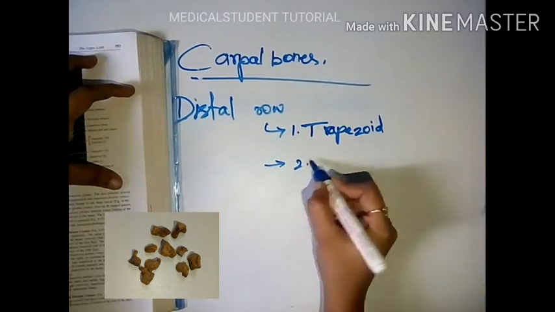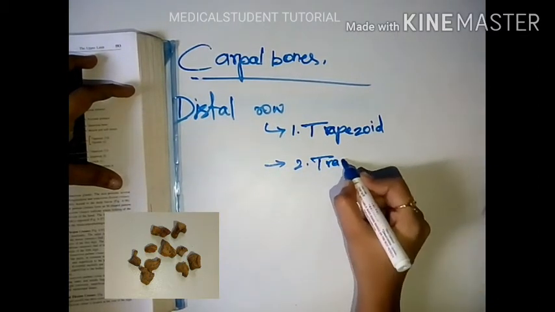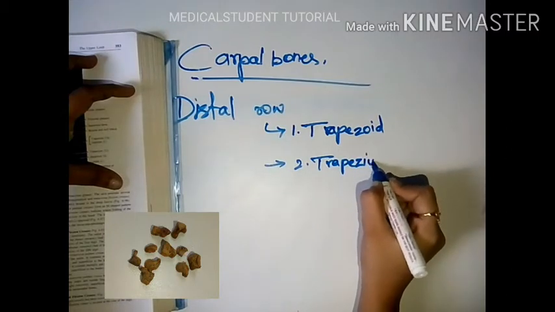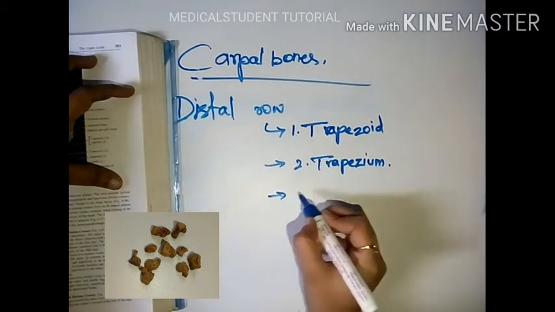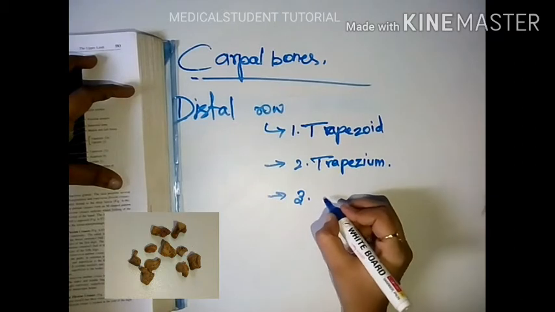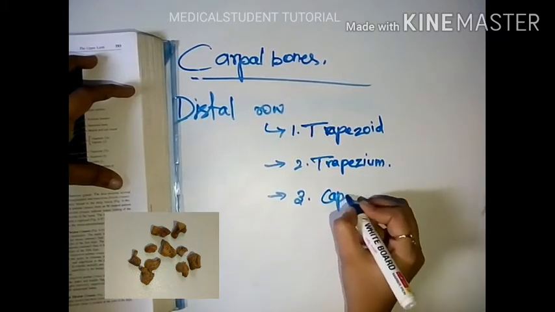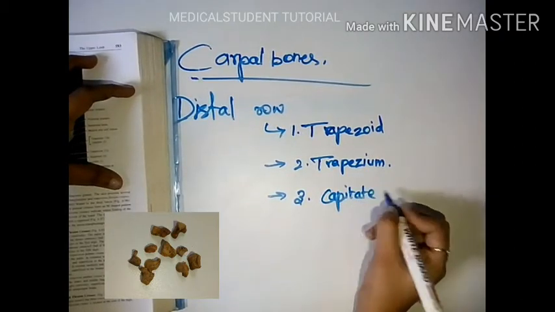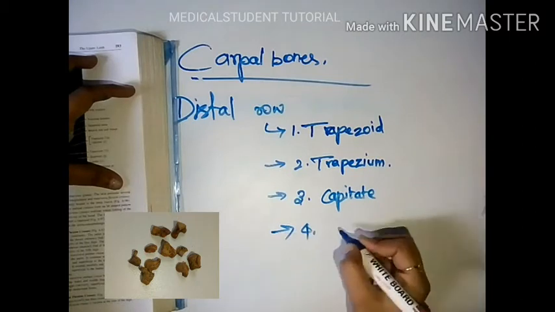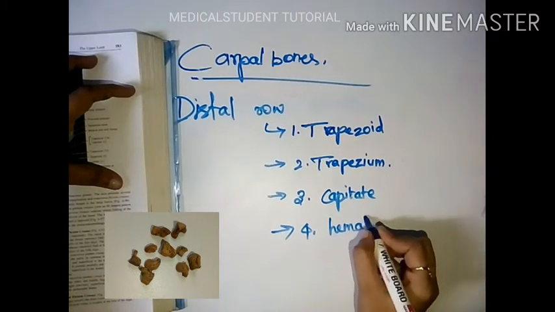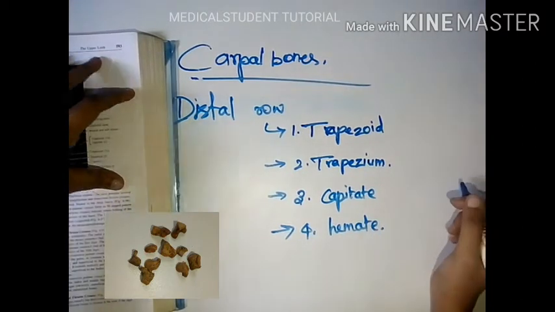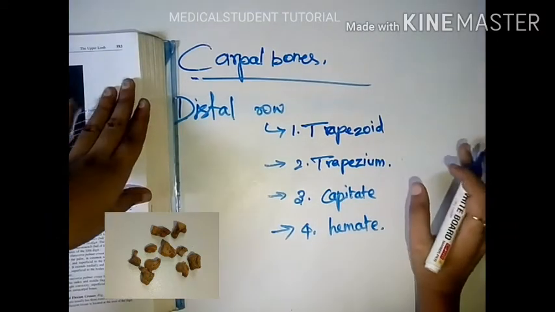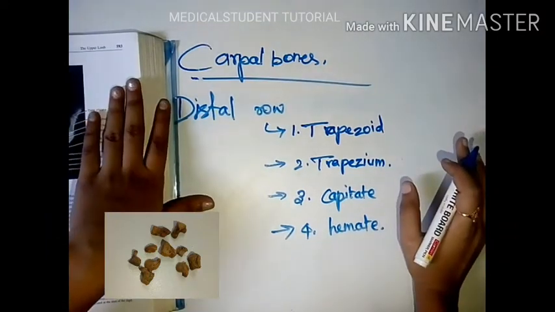Second one is trapezium. Third one is capitate. Fourth one is hamate. These are the 4 distal row bones in the carpal joint.